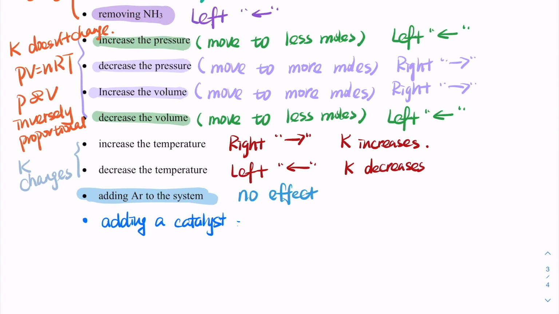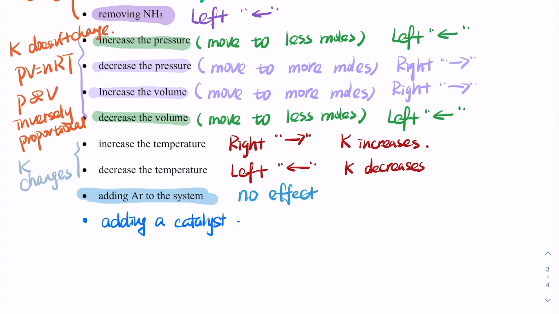Let's do one more situation: what if we add a catalyst to the system? Remember, we have both the positive catalyst, which makes the reaction go faster, and the negative catalyst, which makes the reaction go slower. But that's not the point for this question.